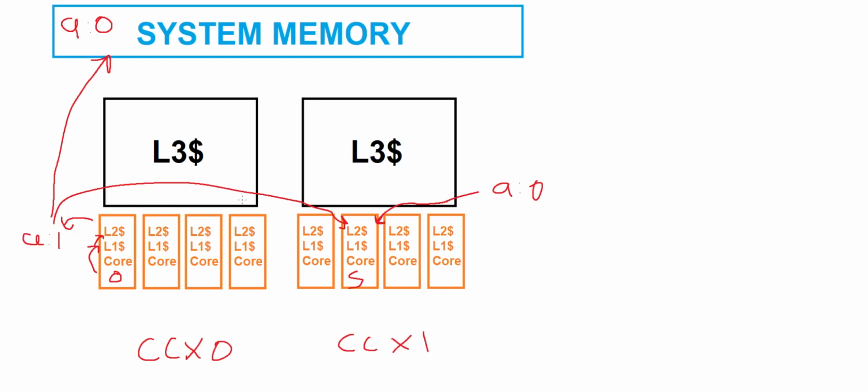So there's a possibility that it's just pulling this data straight out of the memory rather than across the cores like this. It's going straight out of the memory into the other core.